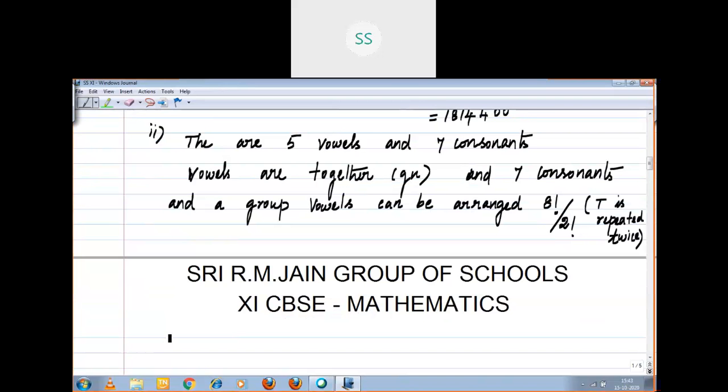The 5 vowels can reshuffle among themselves.